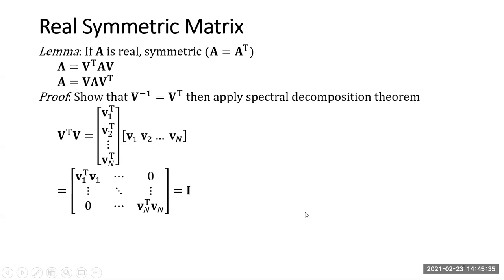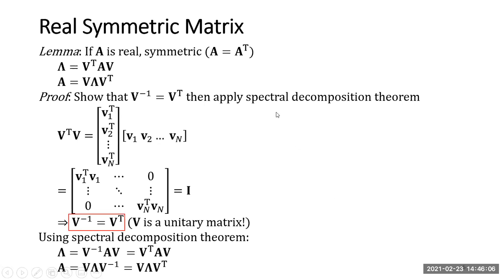So V transpose V is an identity matrix, which means that V inverse equals V transpose, because V is a full rank matrix. If V inverse equals V transpose, it means that V is a unitary matrix. Okay, so we just showed that V inverse equals V transpose.